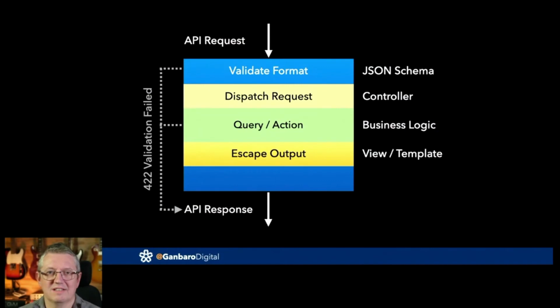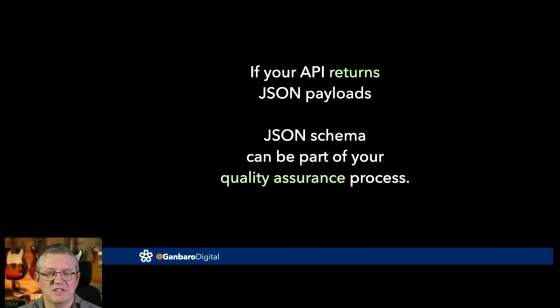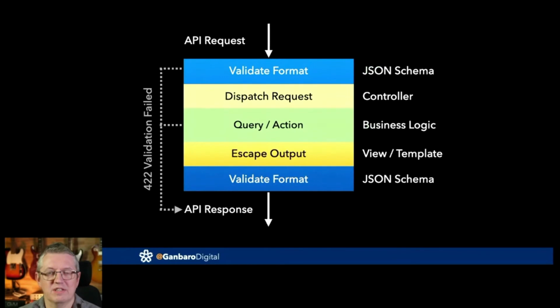If you look again at our lifecycle of a HTTP request for an API, our API endpoints publish JSON documents. And if we're publishing a JSON document, we can validate that document using JSON Schema before we send it back to the caller. So we can introduce JSON Schema as a bookend.